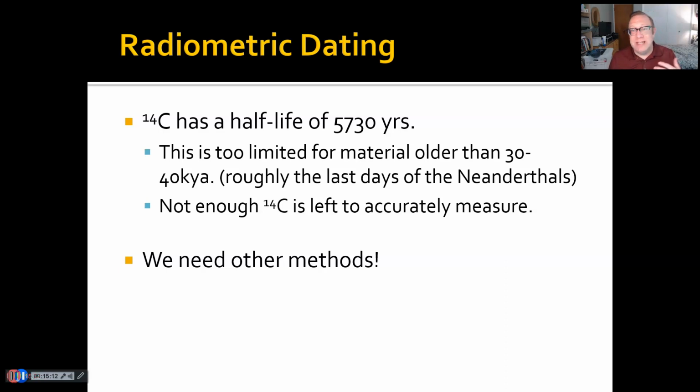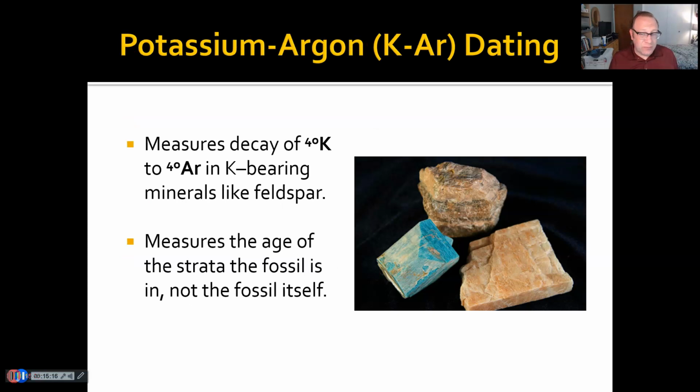But if we're going to study something older than that, we need other forms of dating. I'm not going to cover every kind that we have. There's a chart in the book that I'll show you in a minute that has a number of different ones. I'm not going to go into detail, but I do want to point one out because it's a fairly interesting one. So carbon-14 dating relies on the radioactive isotopes in the fossil itself.